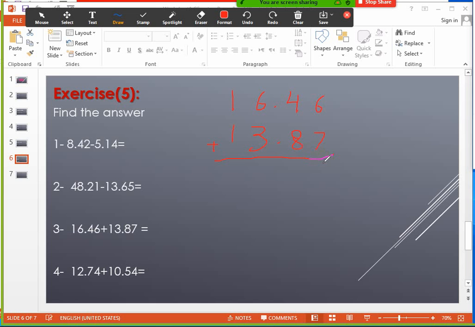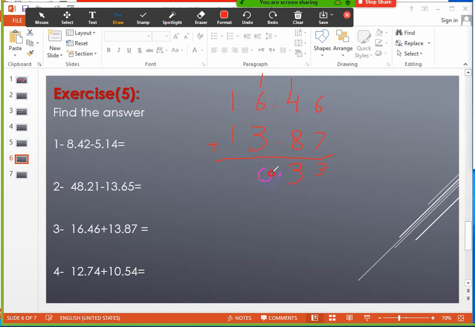6 plus 7 equals 13, so I have to put 3 here and 1 above the 4. 1 plus 4 equals 5. 5 plus 8 equals what? Equals 13. So I will put also 3 here and 1 above the 6. I will take the decimal point down and put it right here. Now 1 plus 6 equals 7. 7 plus 3 equals 10.